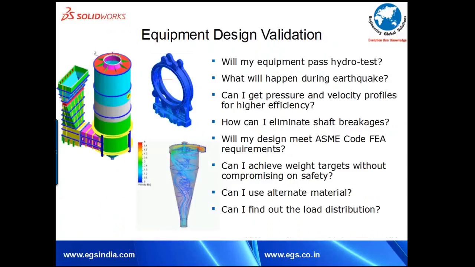Equipment design. A lot of people are talking about the American Society of Mechanical Engineers, Section 8, Division 2. If you look at Section 8, Division 2, the stress calculation is moving away from closed-form equation-based calculation towards the appendix which talks about finite element validation.